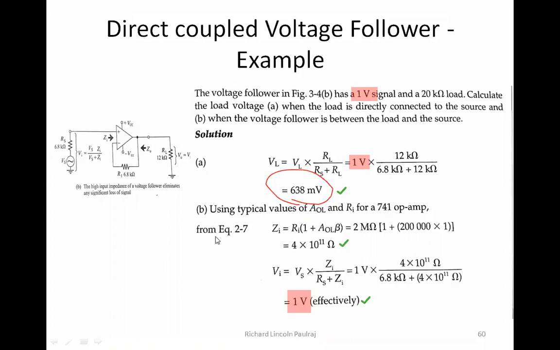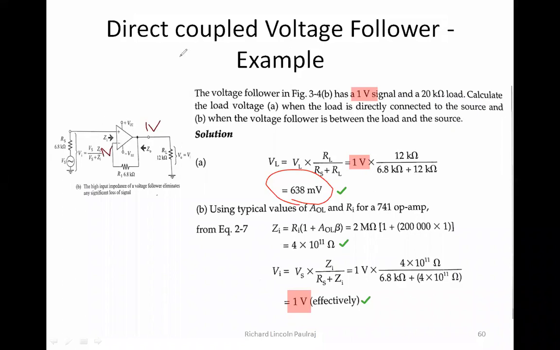So what are we trying to learn here? We are trying to learn that, let me just write it here so that you'll be able to understand. I am trying to say that this is at 1 volt. Since this is taken as feedback, this becomes 1 volt.